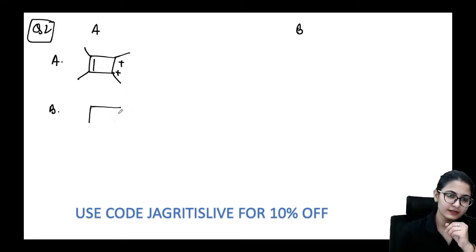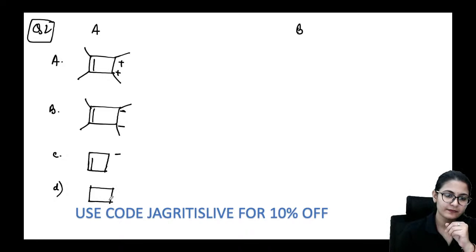B over here is the same molecule, although negative and negative. C is cyclobutane. Alright, this is negative over here. D is negative and positive in this way.